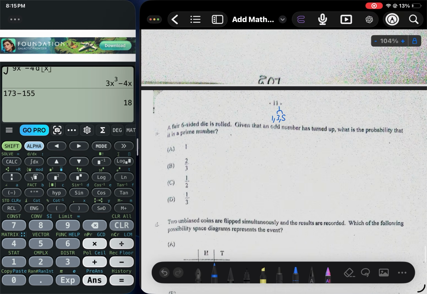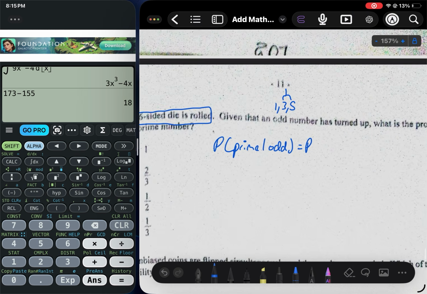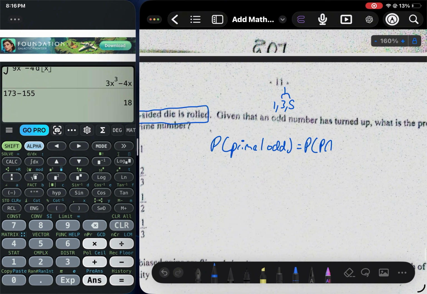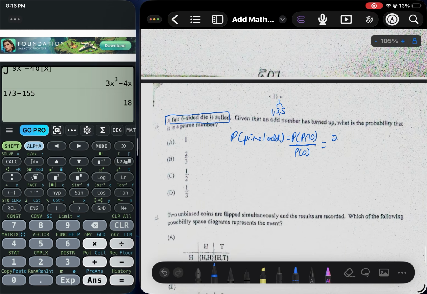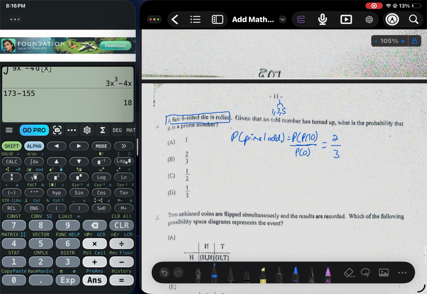Don't get confused with the six-sided die. So the probability that it is prime given that odd has occurred is equal to the probability of the intersection, prime intersect odd, over the probability that it is odd. The intersection would be 2 since we have 3 and 5 being prime, and there are 3 odd numbers. So our probability is 2 over 3.